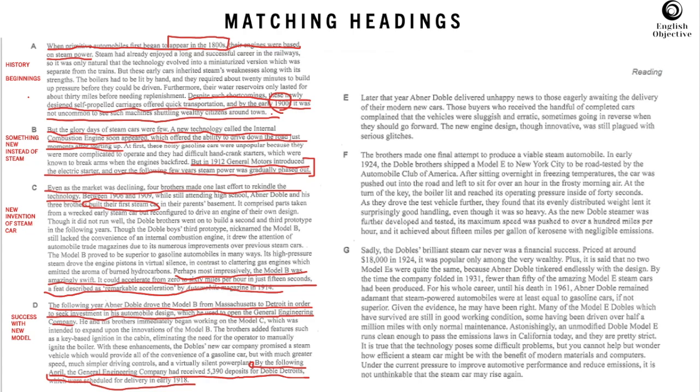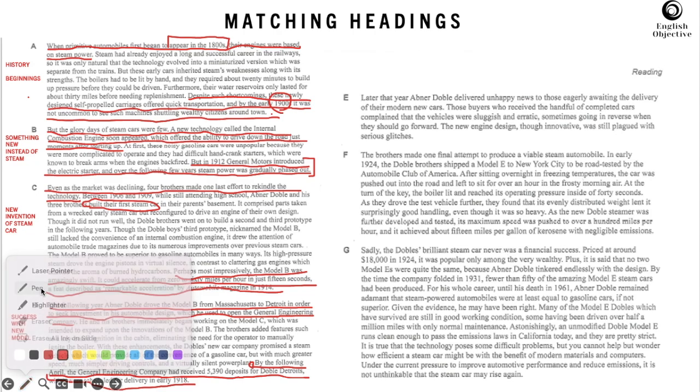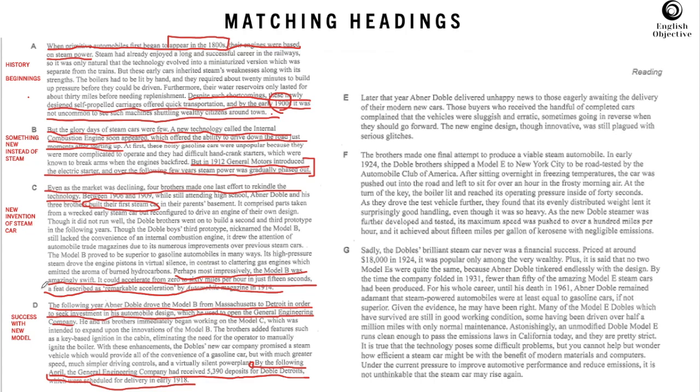Let's continue with paragraph E. Let's skim. Read carefully the topic sentences at the beginning and at the end of the paragraph to get just an idea of what it is about. Later that year, Abner Doble delivered unhappy news, sad news, to those eagerly awaiting the delivery of the new cars.